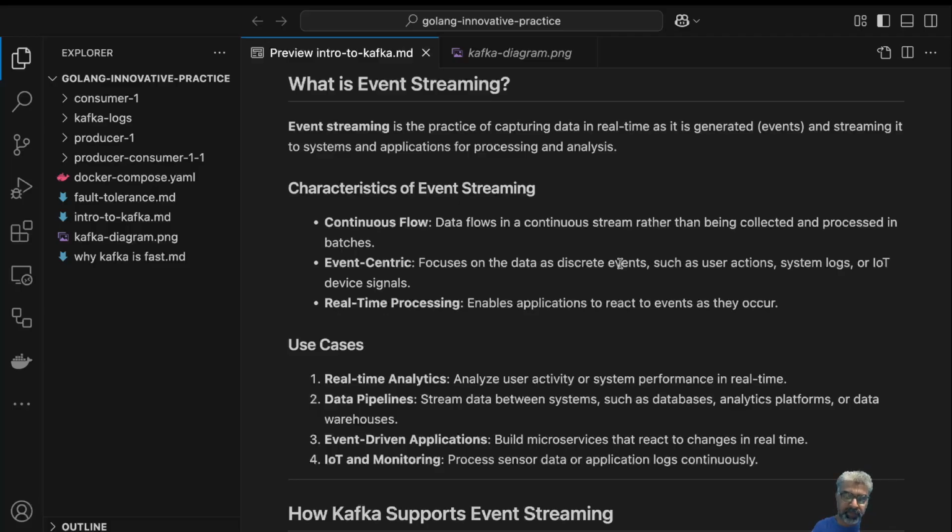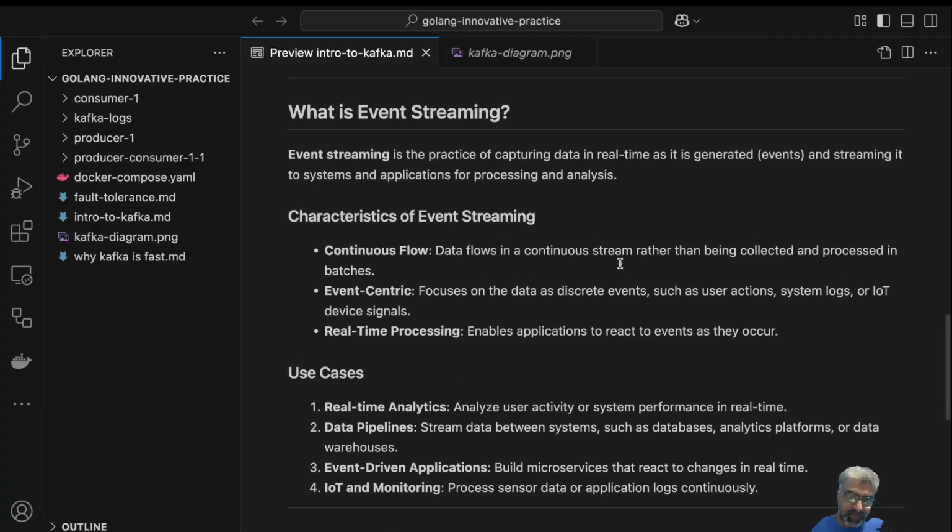The data has to be processed or analyzed in between, so we can use Kafka data pipelines. Event-driven applications: microservices are the best examples. IoT and monitoring: you know a lot about IoT devices, Internet of Things, right?